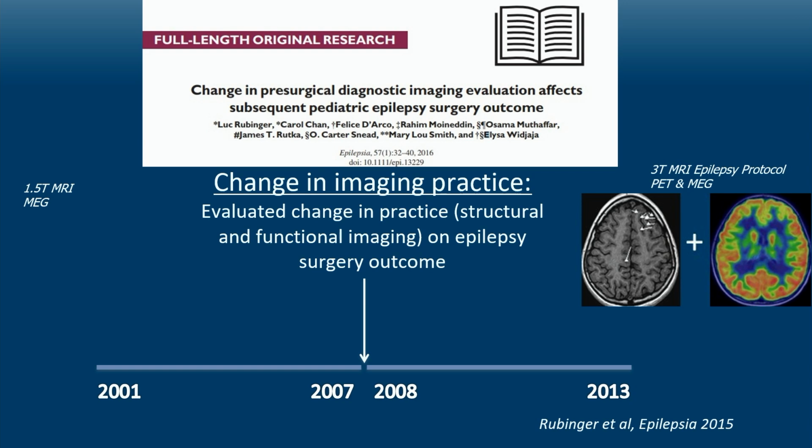Previously, when I was in Toronto, we changed our diagnostic imaging practice for epilepsy surgery evaluation. We changed from 1.5 Tesla MRI to 3 Tesla MRI for all epilepsy patients. We also included PET or MEG, i.e. we do one of those tests in patients with normal MRI.